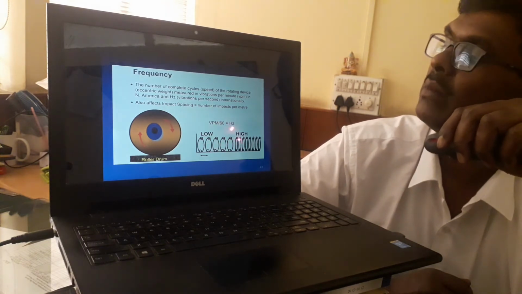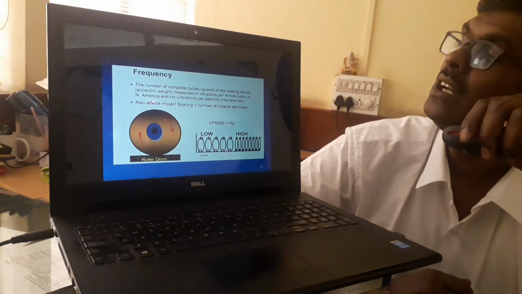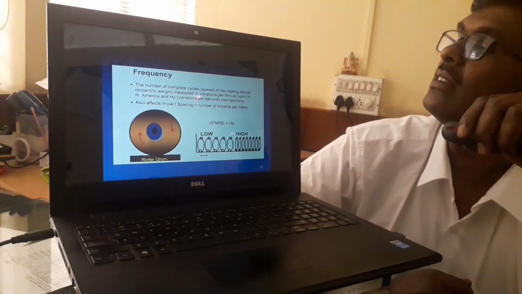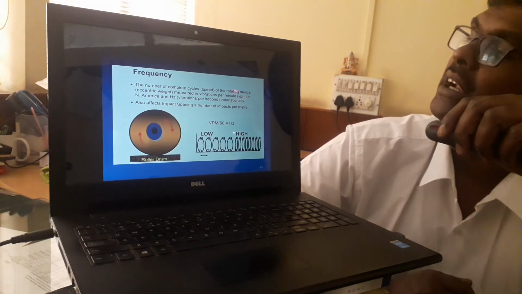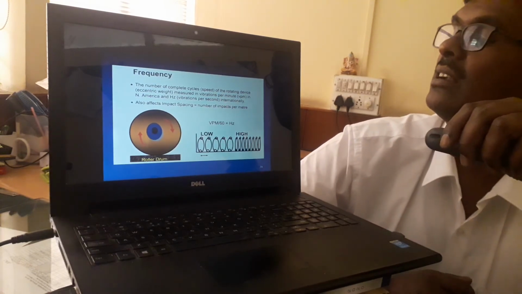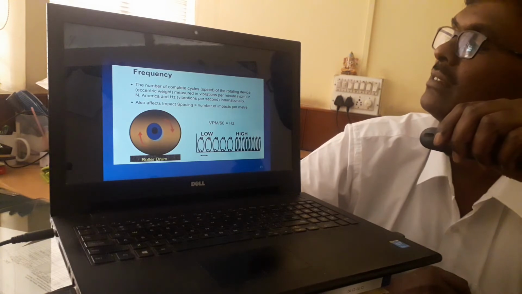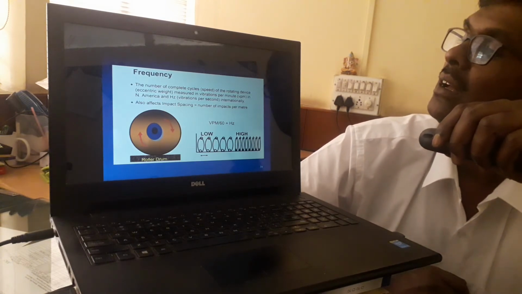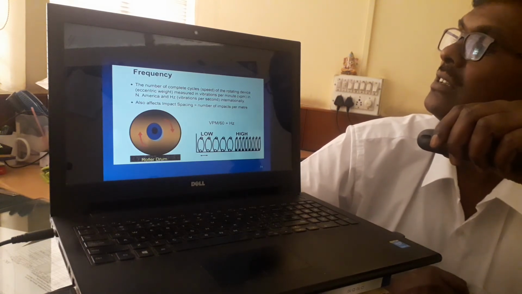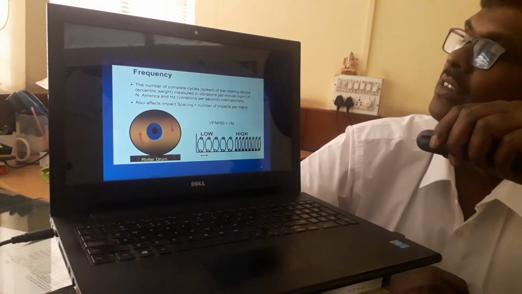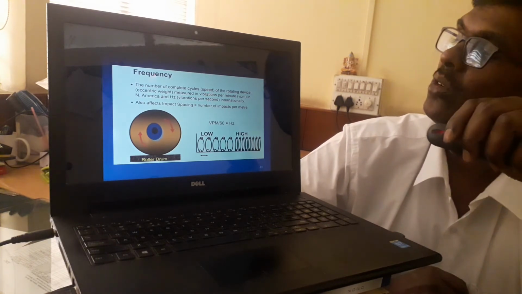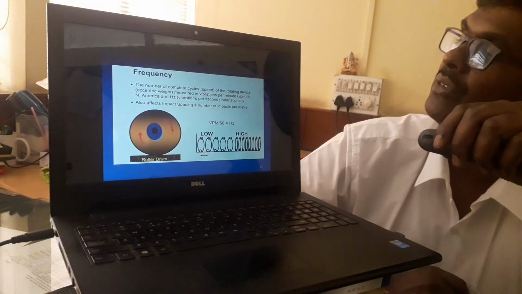Frequency is denoted by hertz. So the number of cycles of the rotating device, that eccentric weight, measured in vibrations per minute, that is VPM, expressed as hertz, is called frequency. This frequency also impacts the compaction efficiency.